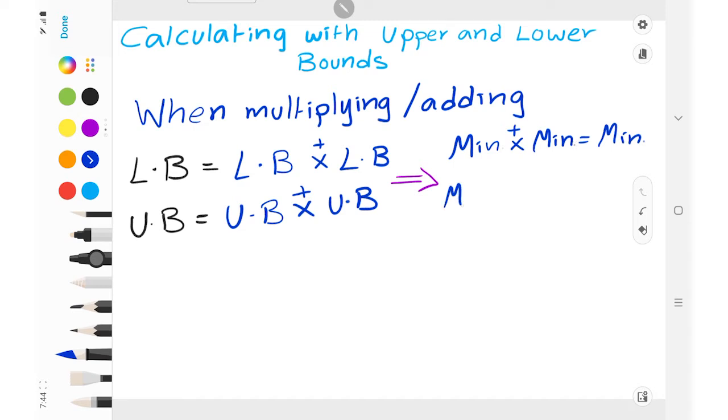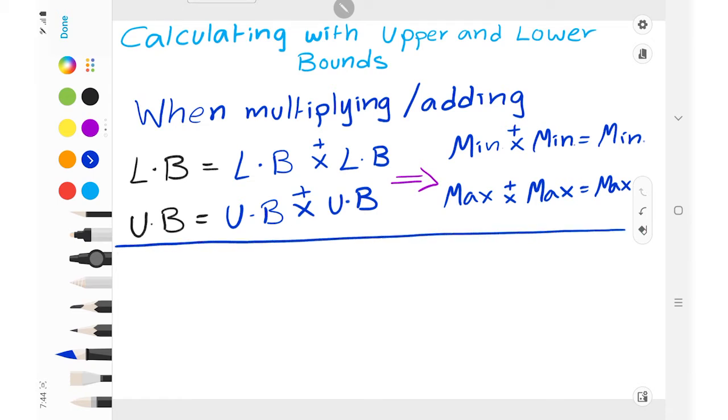And maximum plus or multiplied by a maximum, it will give maximum. This is when multiplying or adding. Now when dividing and subtracting, I will do a lot of examples so that you can understand more.